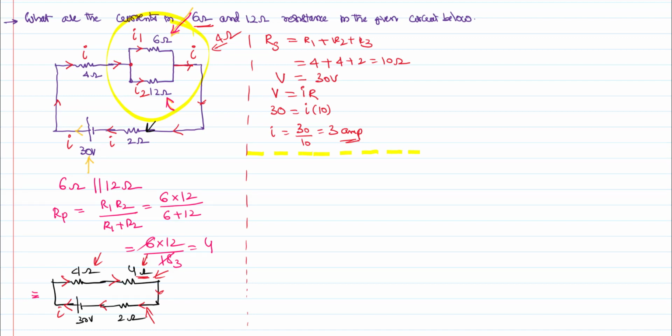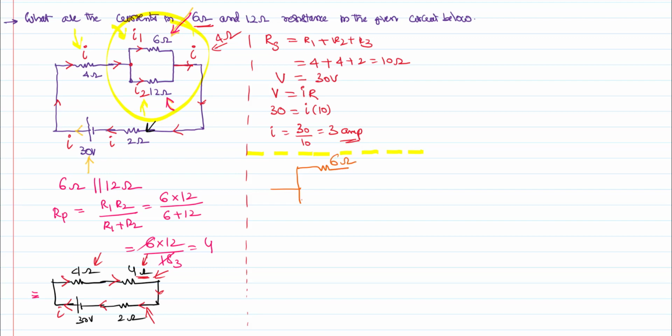So now I know at least the total current in the circuit is 3 amperes. That 3 amperes will go here, but it gets distributed here. That's what we have to find out. How is that 3 amperes distributed here? Because the two are in parallel. If I look at the circuit, this is what our problem is now.